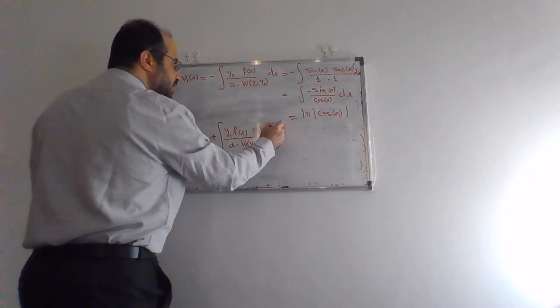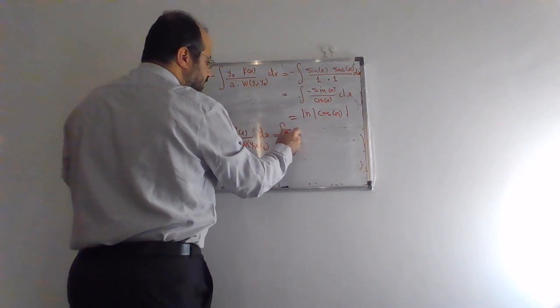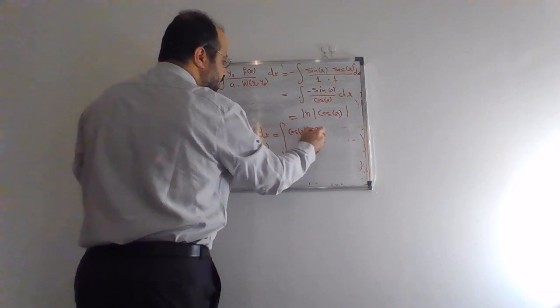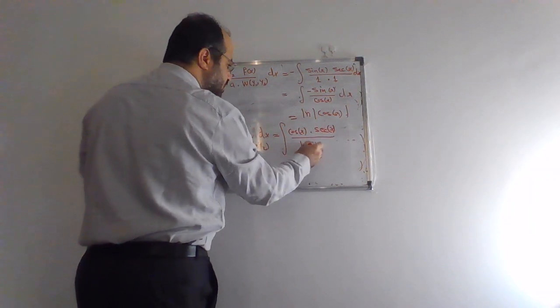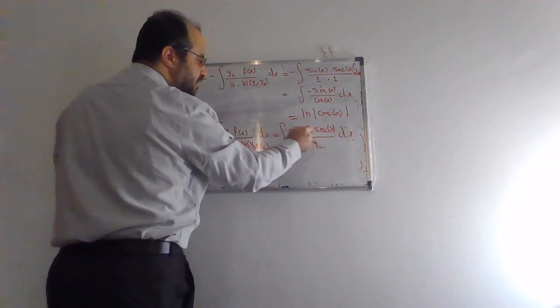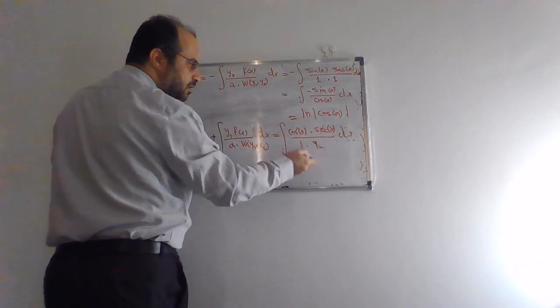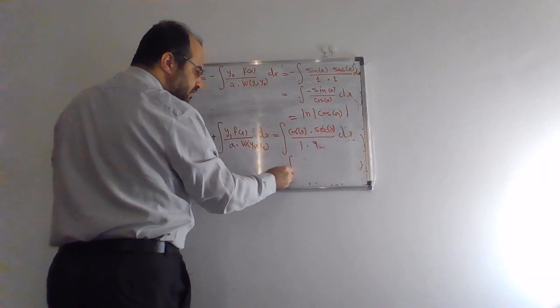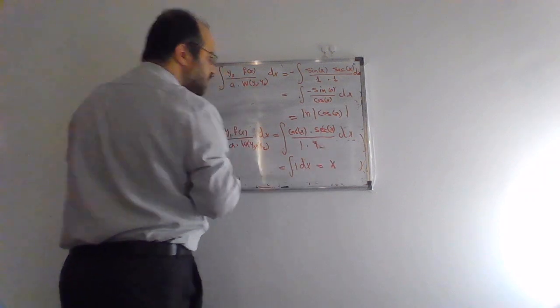In this case y1 is cosine, and secant, and then a is 1, and the Wronskian is 1, and then dx. Secant is 1 over cosine, so they cancel each other, and you get the integral of 1 dx, and finally you get x.